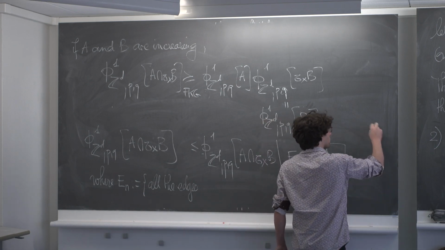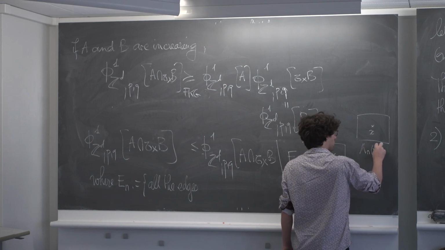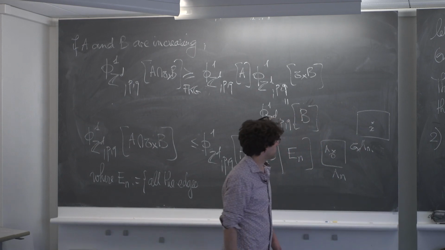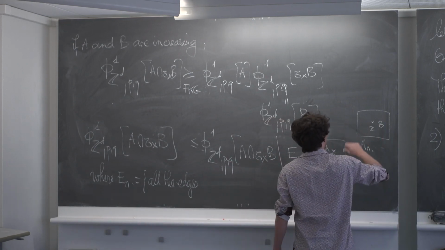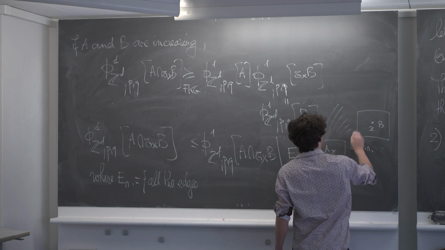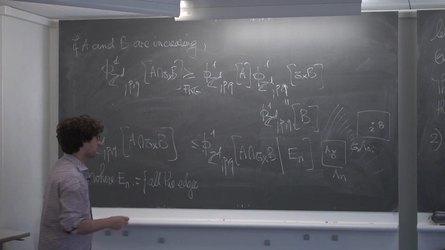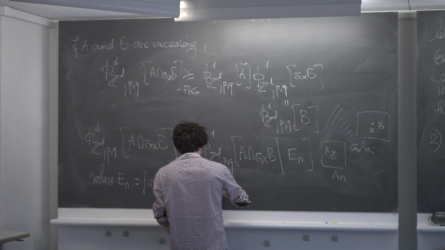I have x, I have the box of size n, lambda n of x around, tau x of lambda n, which is the box of size n around x. I have B here, and En is the fact that all the edges that are not in these two boxes are open.